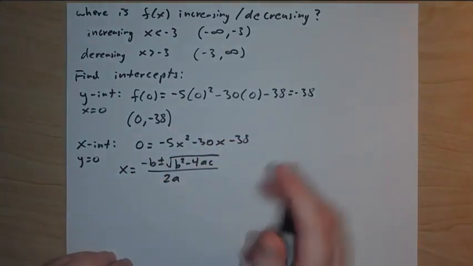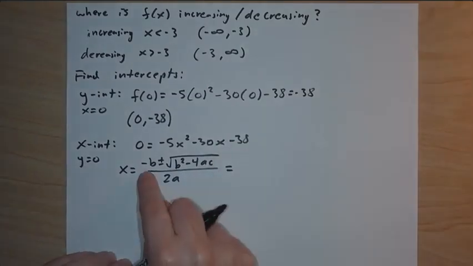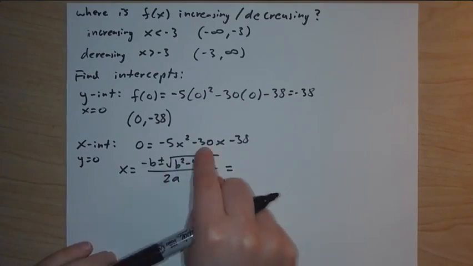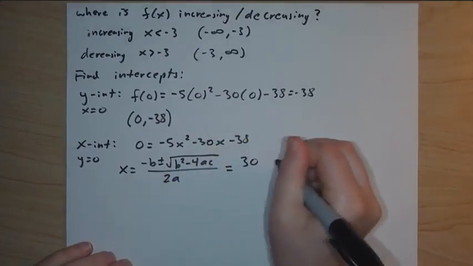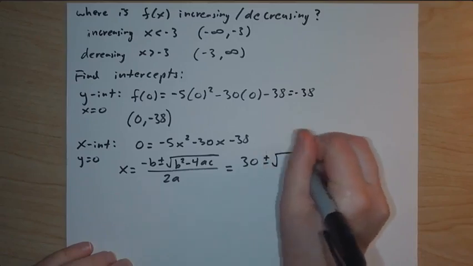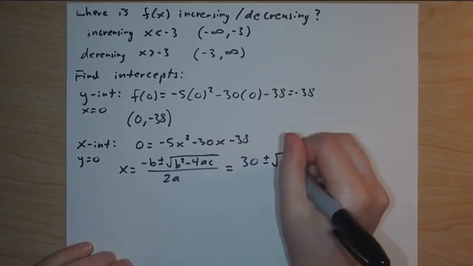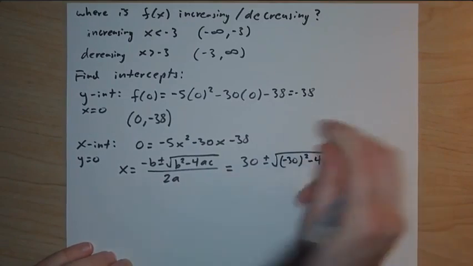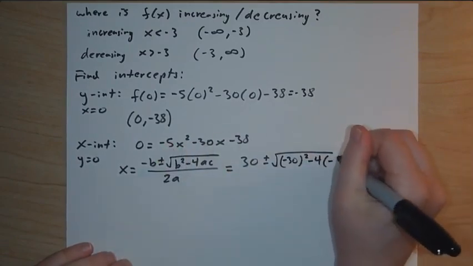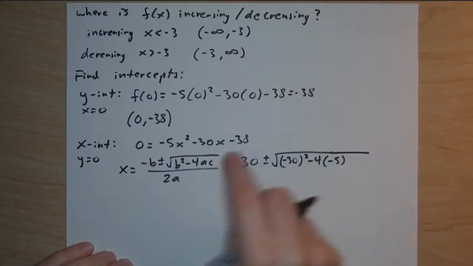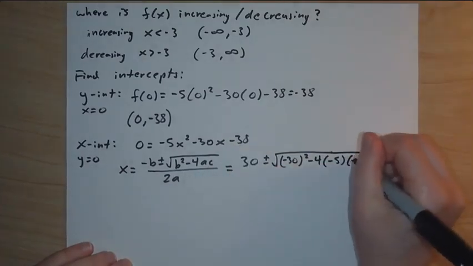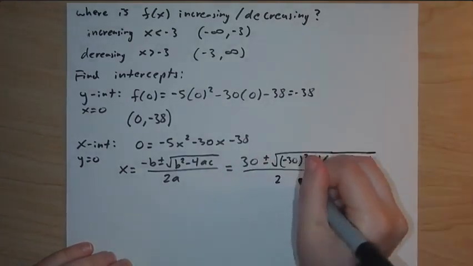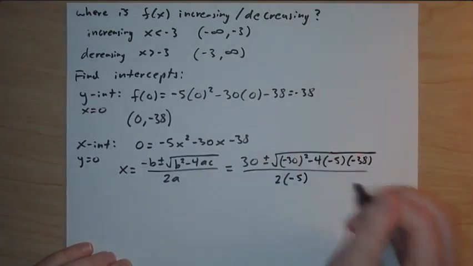So we're just going to get straight into plugging in our values. Negative b is going to be, b is negative 30, so a negative of a negative is going to be positive 30. This is positive 30 plus or minus square root of negative 30 squared minus 4 times a, which is negative 5, times c, which is negative 38, divided by 2 times a, which is negative 5.